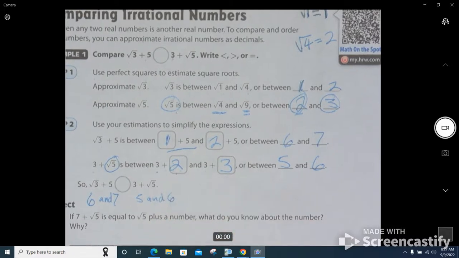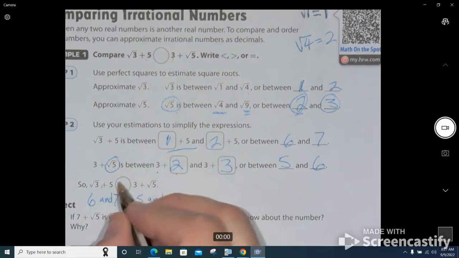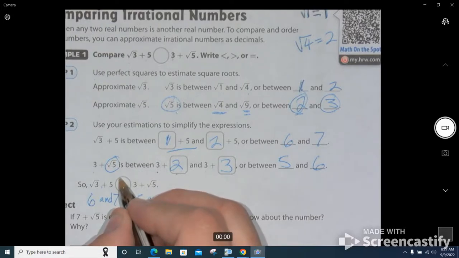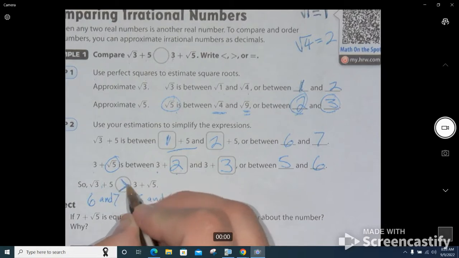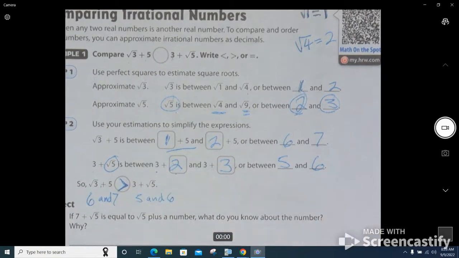So which one do you think is larger? Yeah, this one is the larger one. And remember, for inequalities, the alligator tries to eat the bigger number, right? Have you guys ever been taught that? Or I like to tell students, you always point to the lesser value.